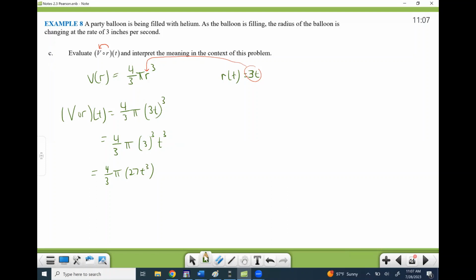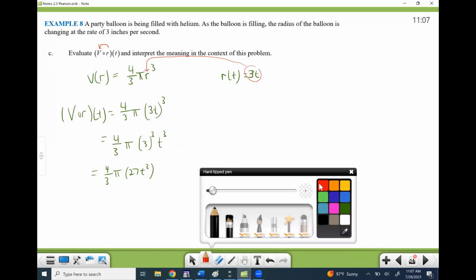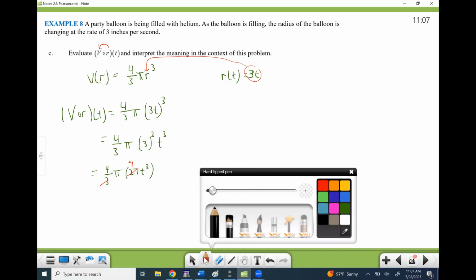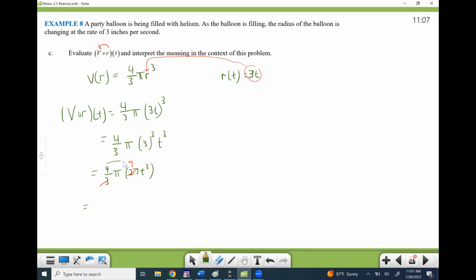All right, so we can cross cancel, might as well. 3 goes into 27 9 times. So if we just multiply straight across, the 4 times the 9 is going to get you 36. And there's a pi and there's a t cubed. So this is going to be v of r of t, or v compose r of t. Okay. Now it says to not just find it, but interpret its meaning.